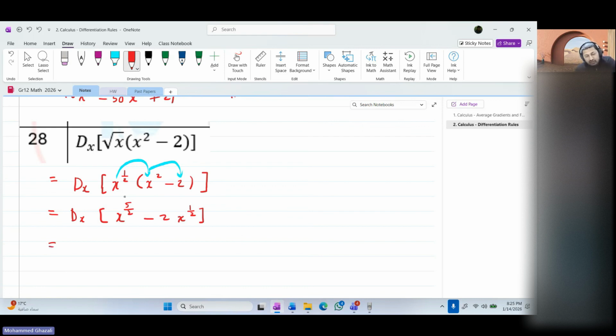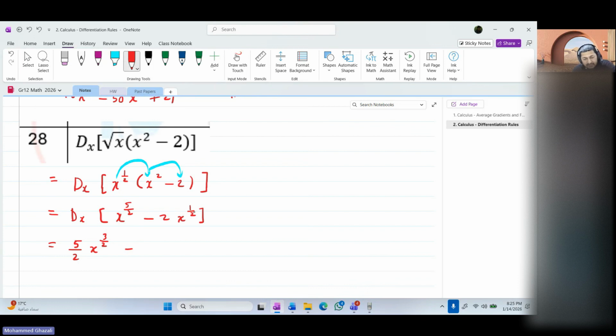We differentiate and drop the d/dx. So 5 over 2 times 1 is 5 over 2 x to the power, take away 1 from the power. That's 2.5, you get 1.5. 1.5 is 3 over 2. Make sure you don't write 1.5 and 2.5 and stuff. Don't use decimal points, use fractions.